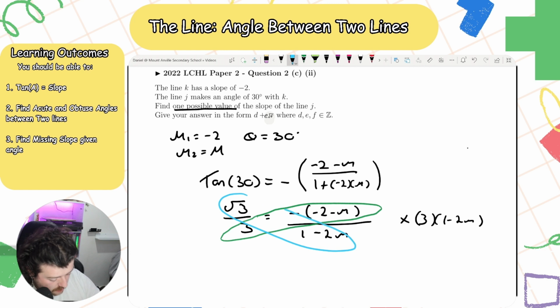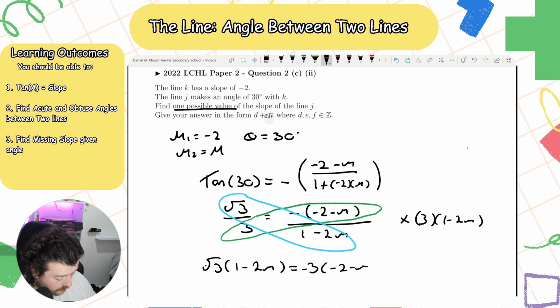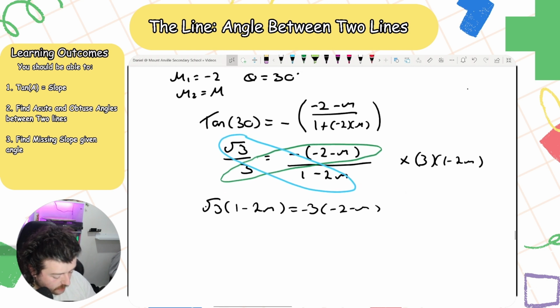So I have root 3 times 1 minus 2m is equal to minus 3 times minus 2 minus m. Root 3 minus 2 root 3 m is equal to plus 6 plus 3m. Bring all my m's over to one side.